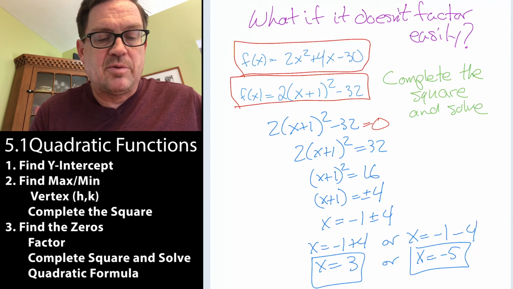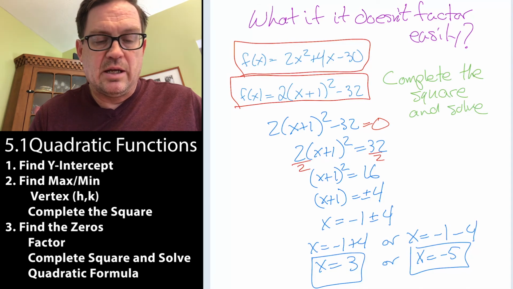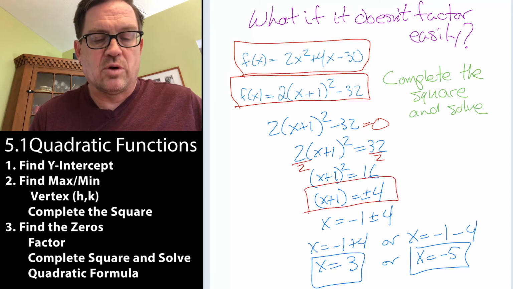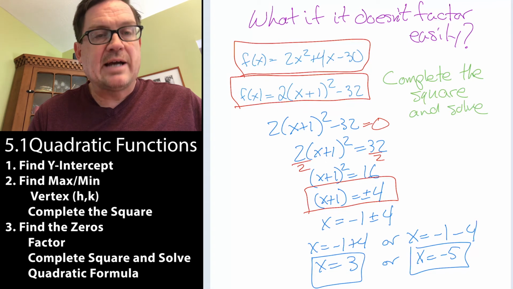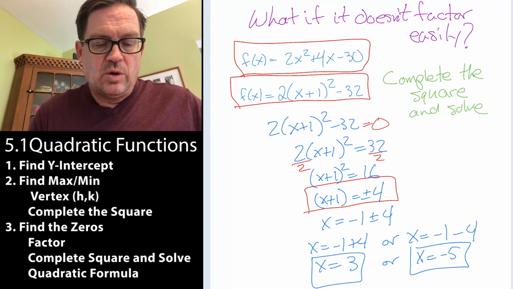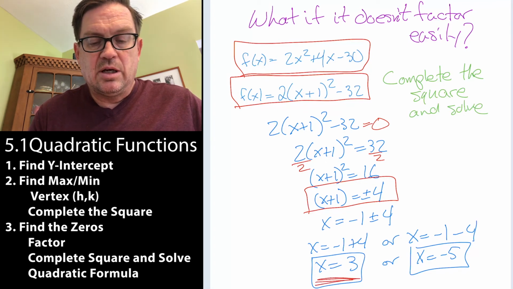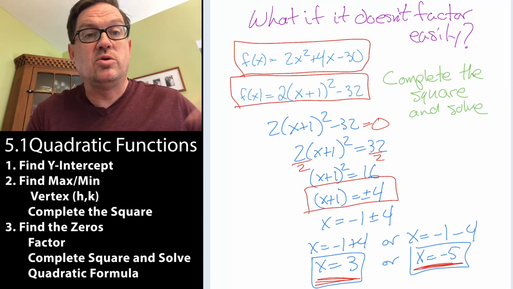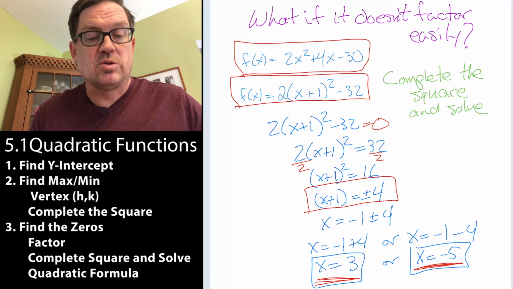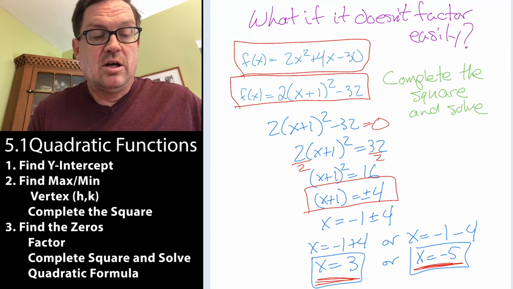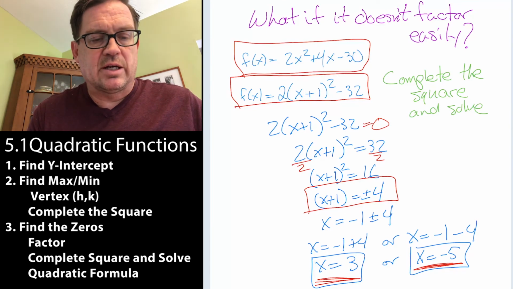You add the 32 to both sides, you divide both sides by 2, and then you take the square root. So you get x plus 1 is plus or minus 4. So x equals negative 1 plus or minus 4, which in one case is x equals 3, the other case is x equals minus 5, which are the two zeros we had before. That's fantastic. If you have it in the completed the square form, it's straightforward to solve for x.